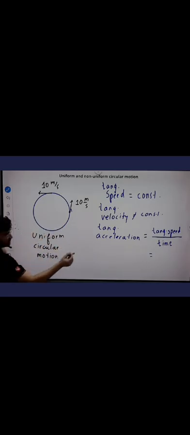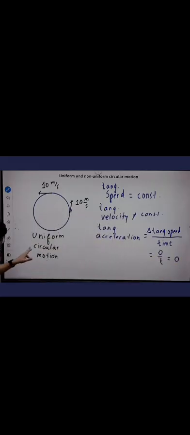It's change in tangential speed by time. So is the tangential speed changing? No, right? So will there be any change? No. So it's zero by time. So it's zero for uniform circular motion, but non-zero for non-uniform circular motion.